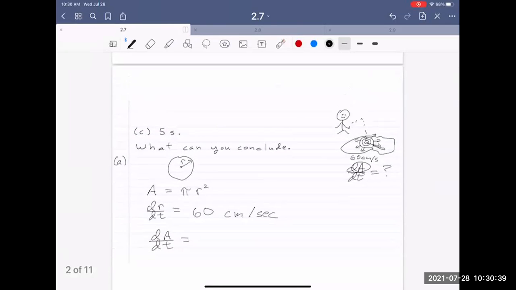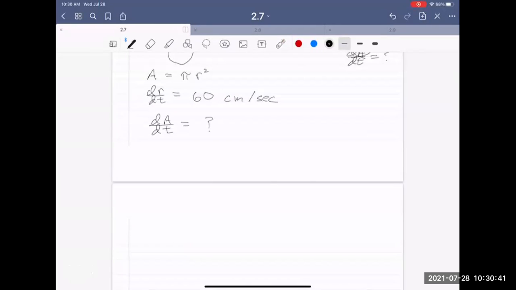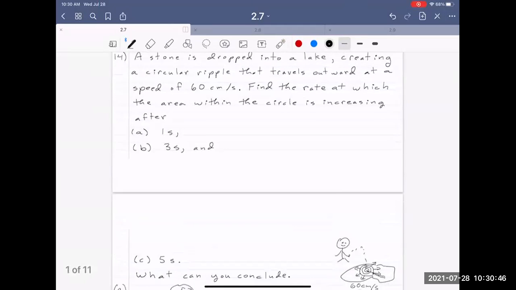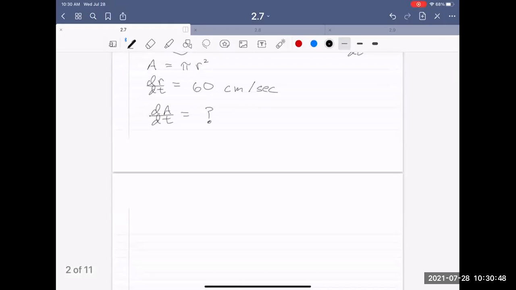I want to figure that out. When? Well, in part A, when t is equal to 1 second.